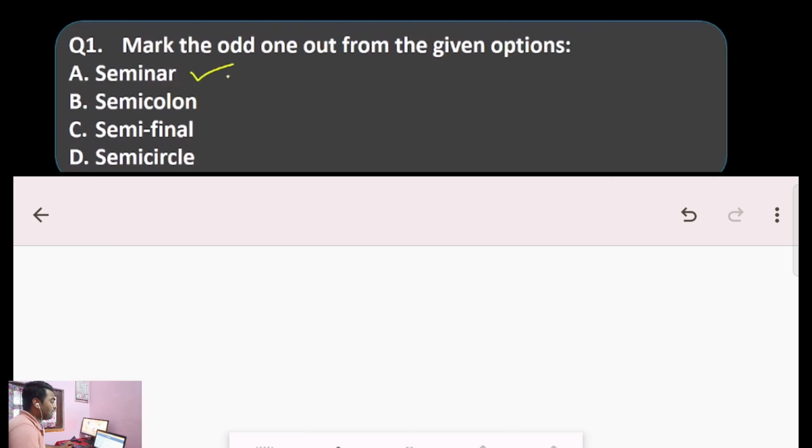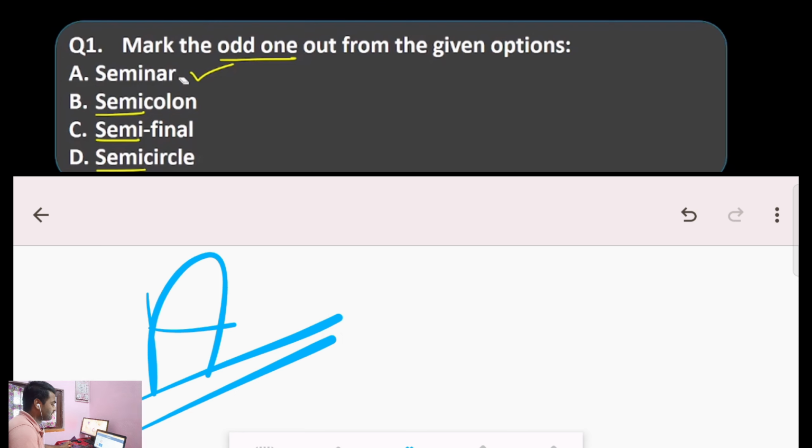We see that three options have semi, which means half: semicolon, semifinal, semicircle. But in seminar we don't have such a semi; seminar is just seminar, so these are two different kinds of words. So the first one is the answer. A is the answer for the first question.